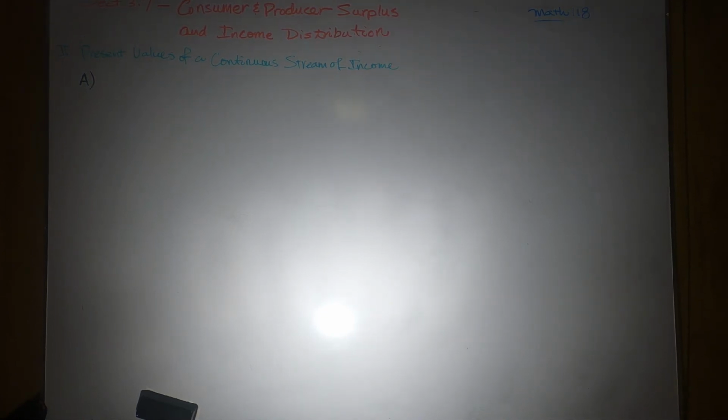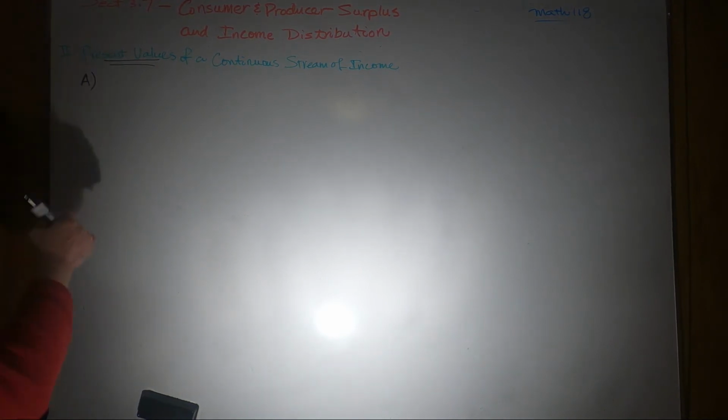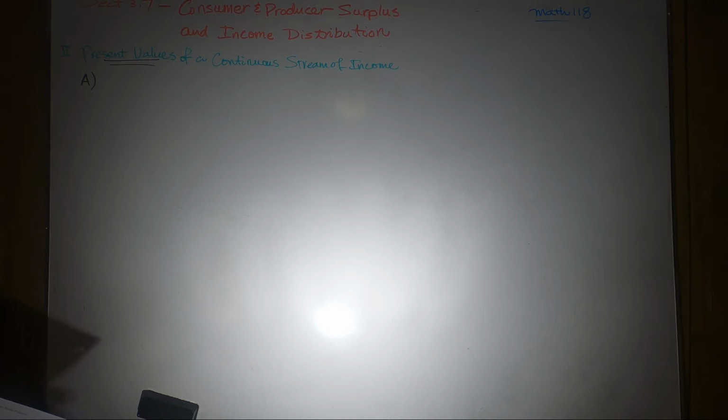Then you wonder, what's the total value today? Consider 20 years later, that would be the total. But thinking about 20 years later, what is it worth for today? That's what is meant by present value of a continuous stream of income, right?